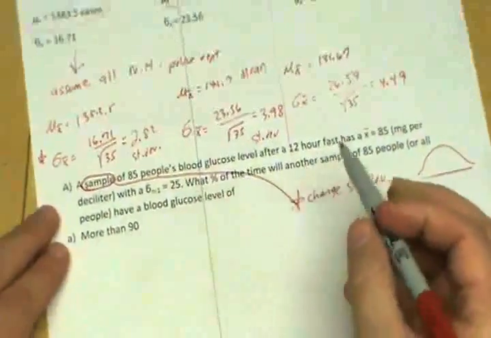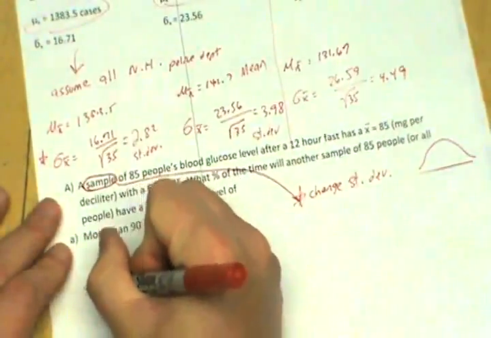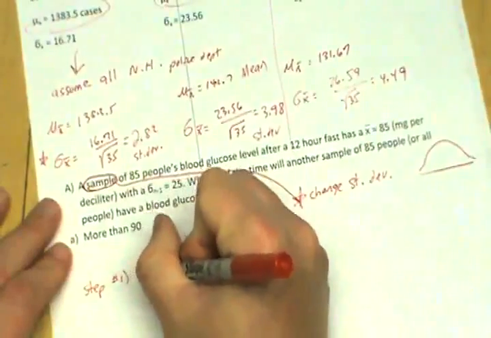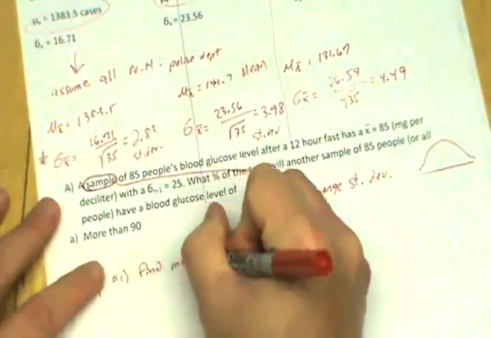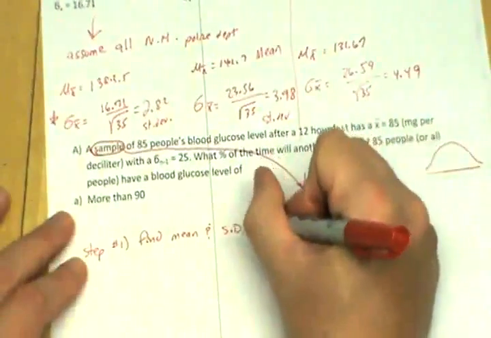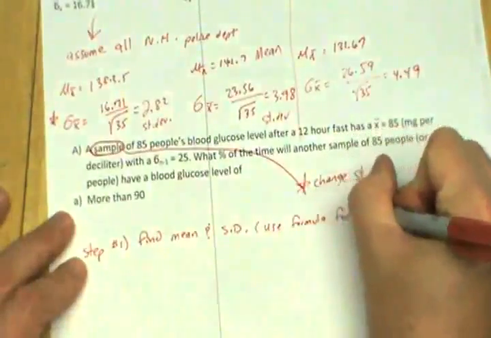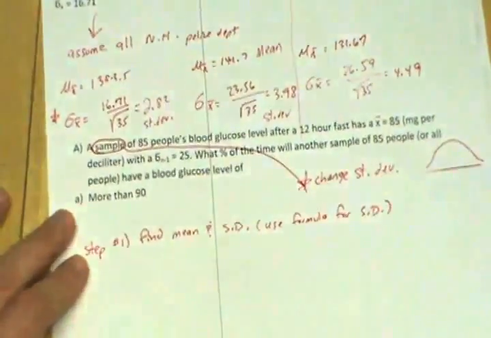Step 1. We want to know what percentage of the time will another sample. So step number 1 for all of these is find the mean and standard deviation and use the formula for standard deviation.